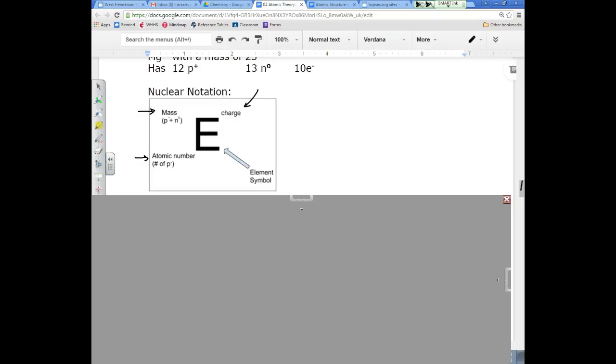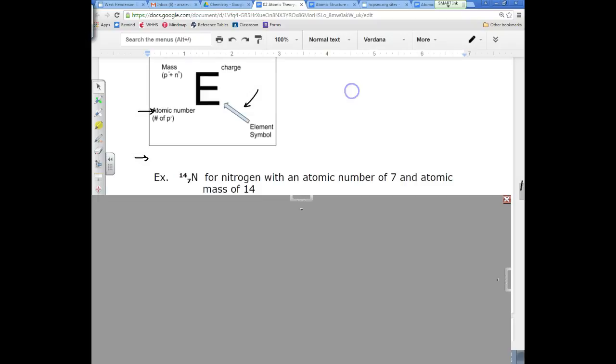So let's look at some examples of that. Here is nuclear notation for a neutral atom of nitrogen. If it doesn't have that charge in the upper right-hand corner, that means it is electrically neutral. So, we want to figure out how many protons, neutrons, and electrons this has. The bottom number is going to tell us the number of protons. So, I have 7 protons.